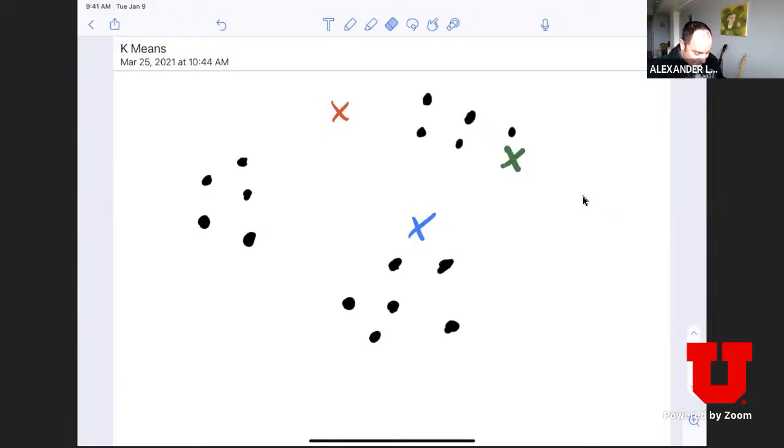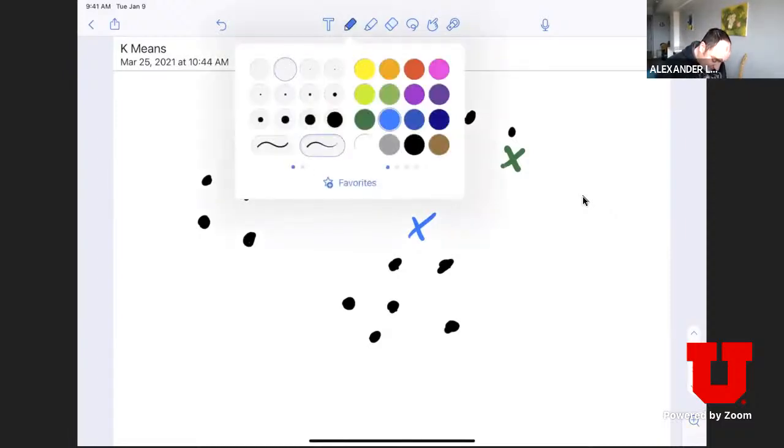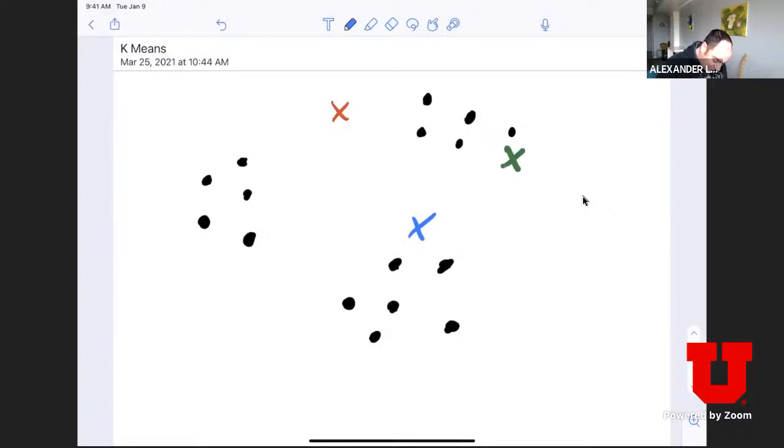The way this works now is that first, for each point, we calculate a distance, like which is the closest centroid? Is it this one or is it this one? We can see that for this particular point, it's probably the red x, so we would assign this point to the red cluster. And so we could keep doing this.